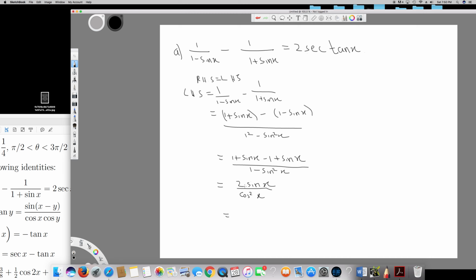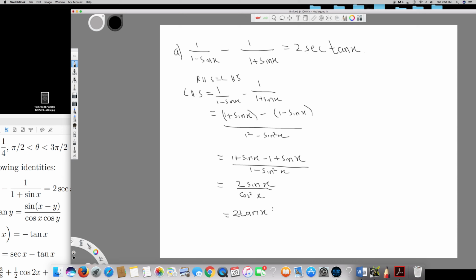Let's divide. Cos squared x means cos x multiplied by cos x. Sin x divided by cos x gives tan x, so let's write 2 tan x, and one more cos is remaining in the bottom. 1 over cos x is equal to sec x, because sec x is the reciprocal of cos x.